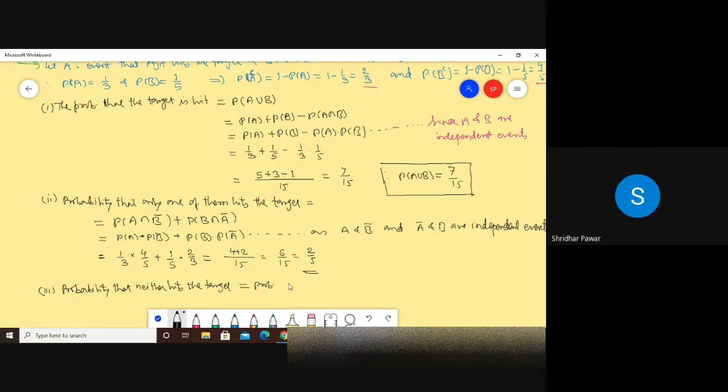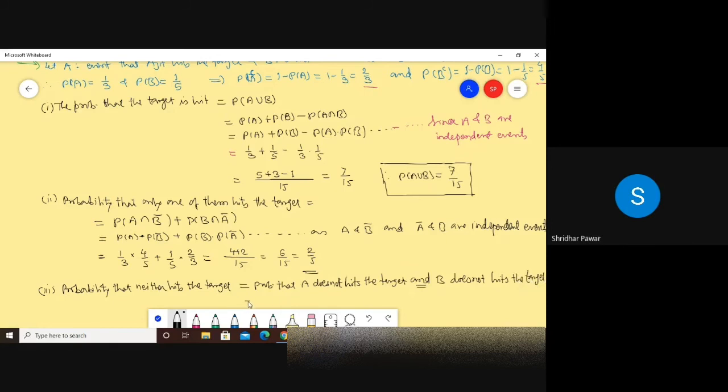All right, probability that A does not hit the target, and this is important, कोणीच नाही, A पण नाही आणि B पण नाही. Okay, A does not hit the target and B does not hit the target.